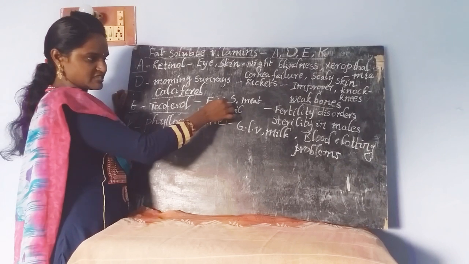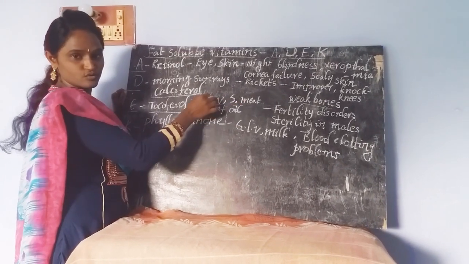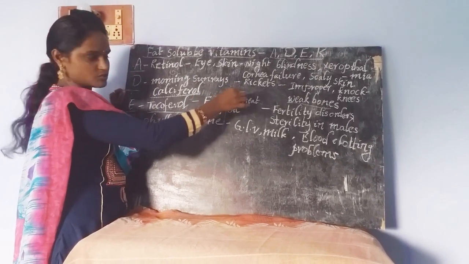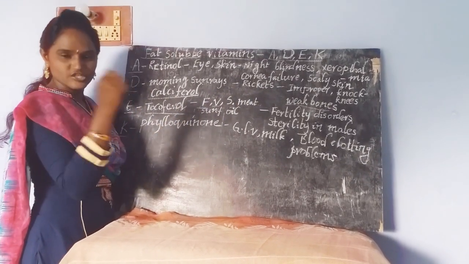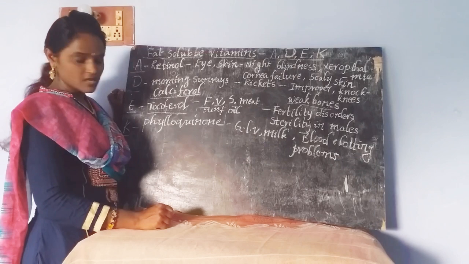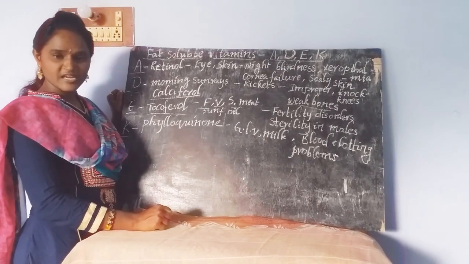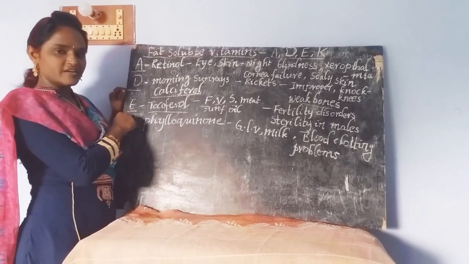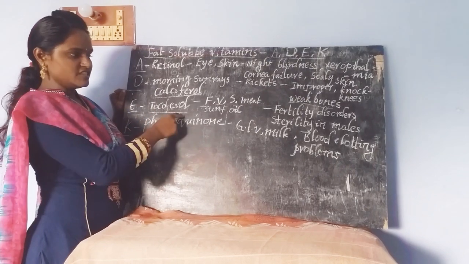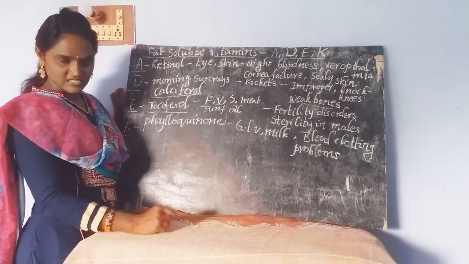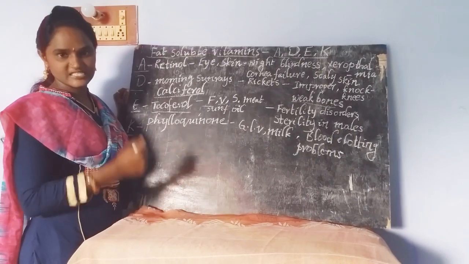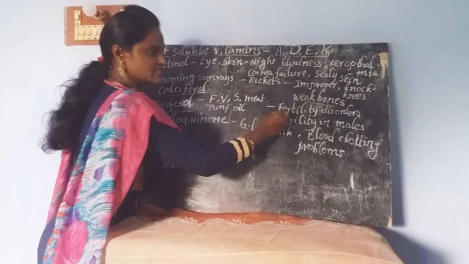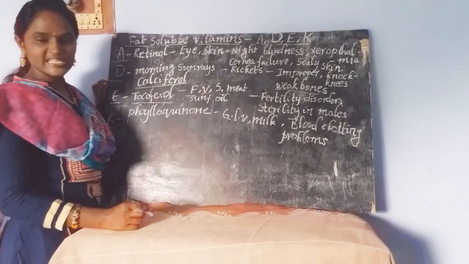In fruits, vegetables, sprouts, meat and sunflower oil and different seed oils like mustard oil. Such kind of oils also contain rich amounts of vitamin E. And by the deficiency of this vitamin, the people may get a disease called fertility disorders.